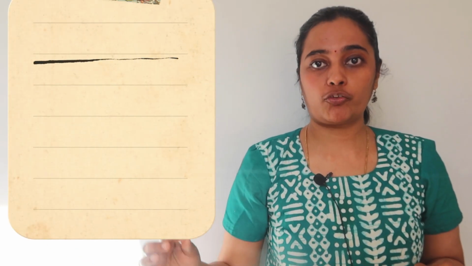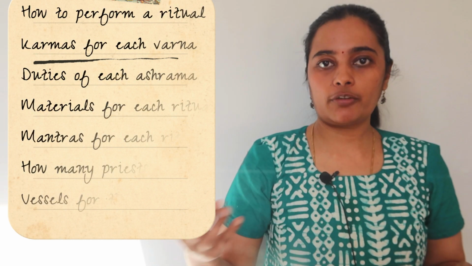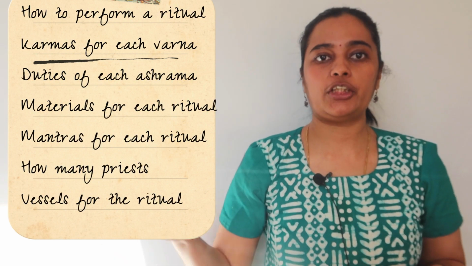Because Kalpa is a Vedanga that gives clear-cut procedures to be followed while doing Vedic rites and rituals, like how a particular ritual is to be performed, what karmas are to be performed by each varna, the 4 varnas being Brahmana, Kshatriya, Vaishya and Shudra.